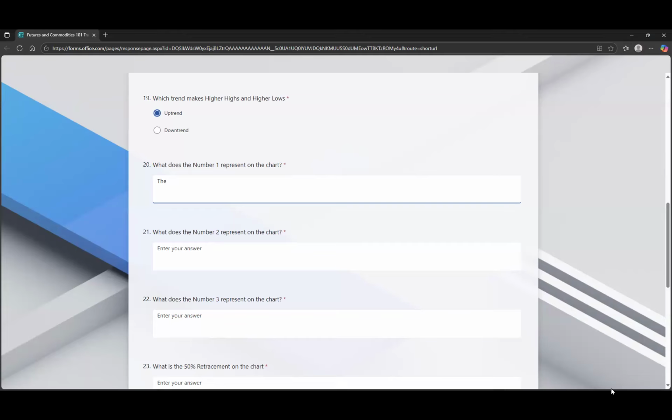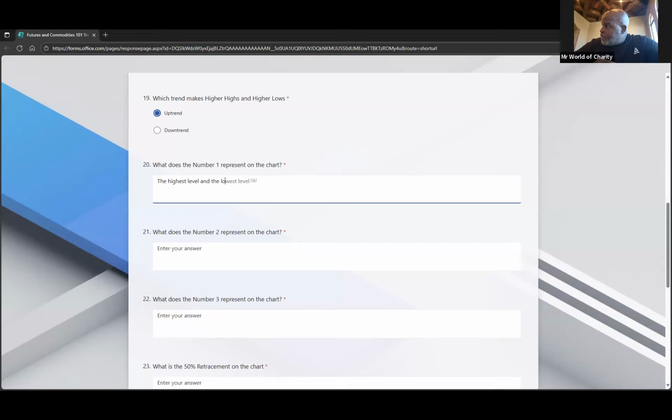Yep. The highest level and the lowest level. Okay. I don't think I put that. I used something else. All right.